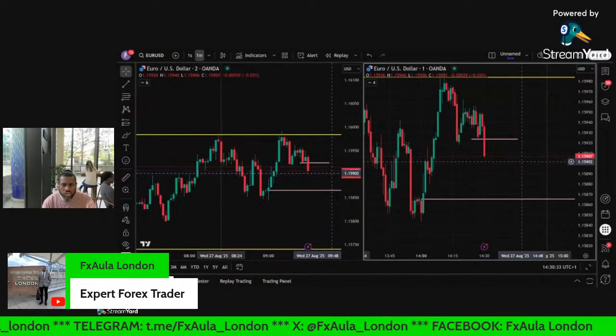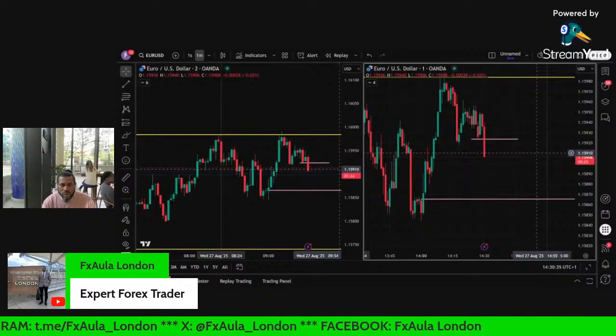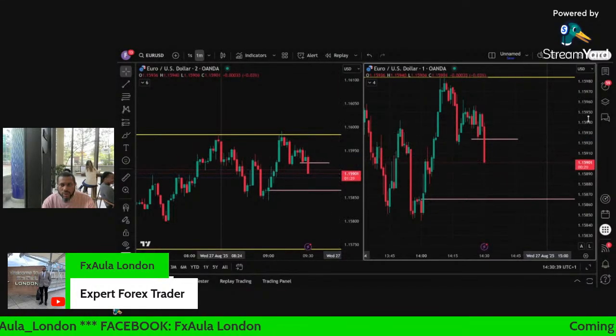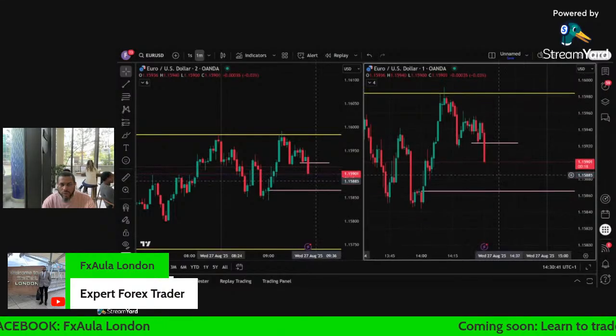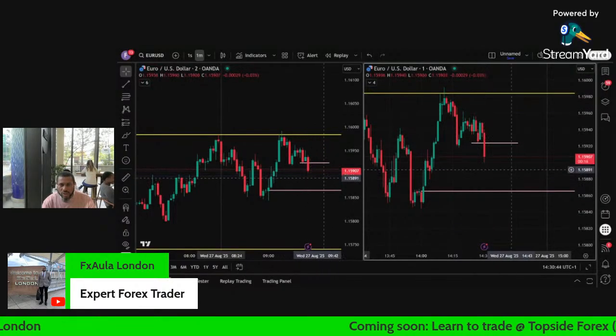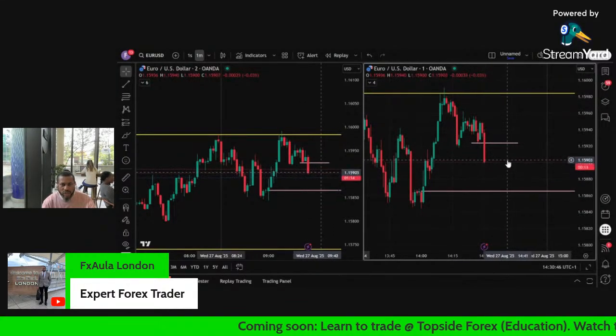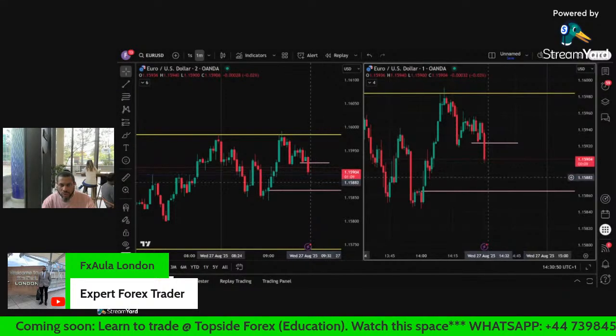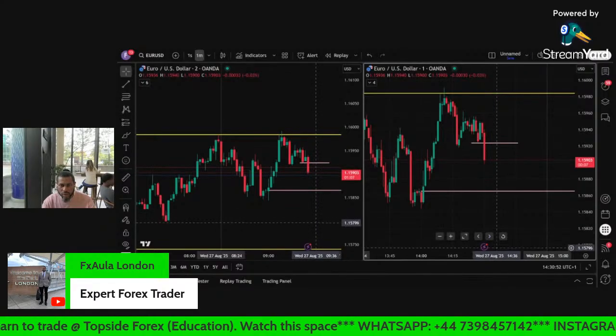It seems to. Whoa, it's a very large candle. Yeah, there's lots of momentum with this candle. So now, how does it close?